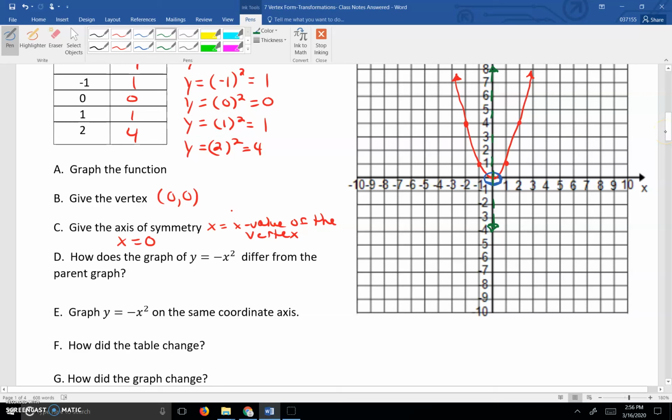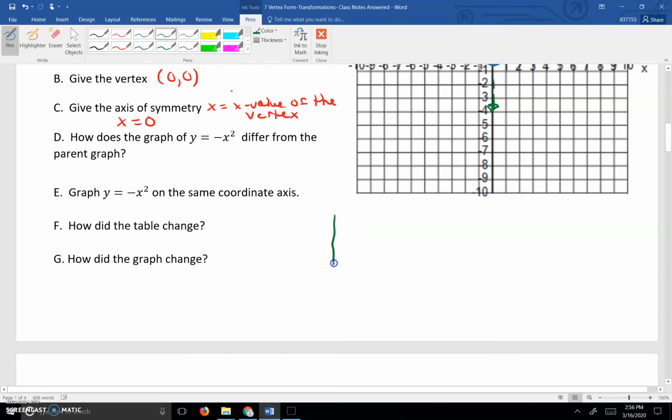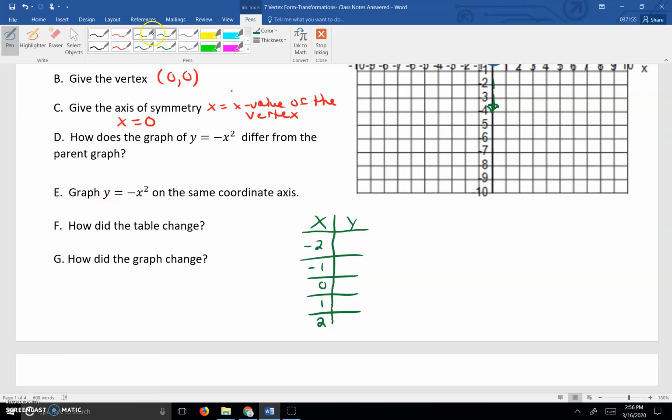So first of all, if I'm going to graph this, I'm going to make my XY chart, and I'm going to use those same x values, -2, -1, 0, 1, and 2. Then I'm going to plug those values in for y.